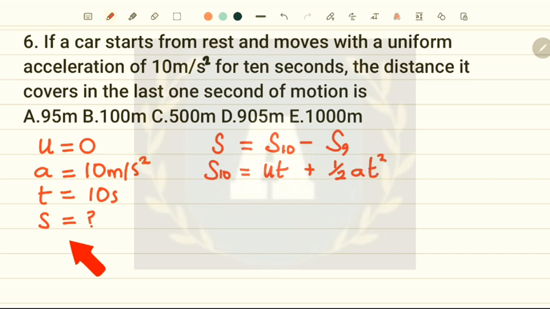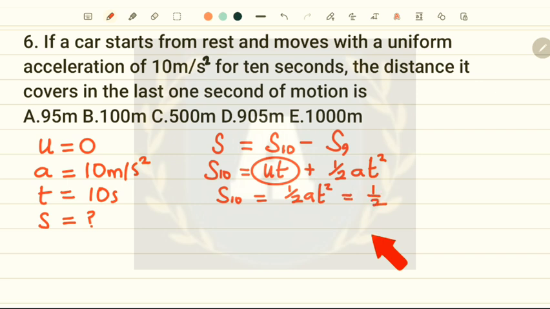The initial velocity is 0, so 0 multiplied by 10 is 0. We reduce the equation to 1 all over 2 multiplied by the acceleration.